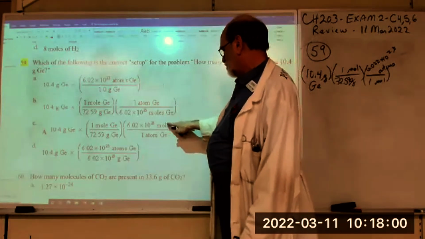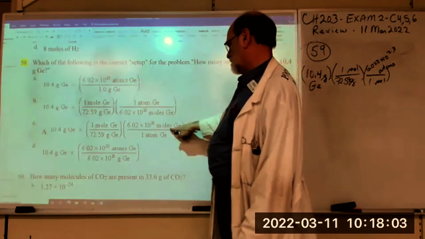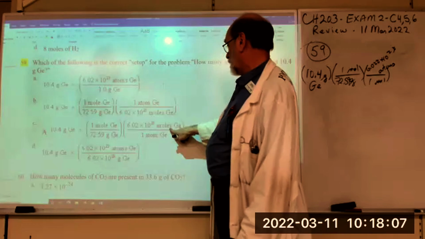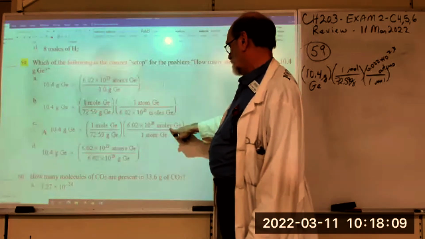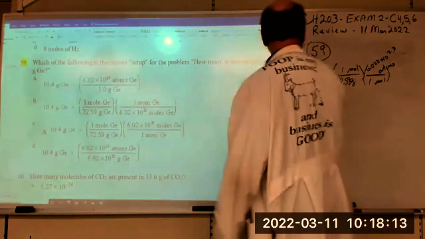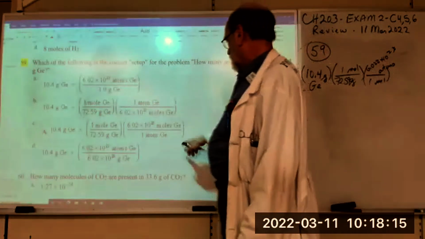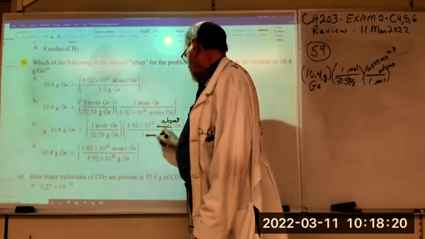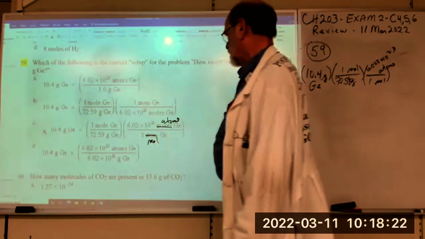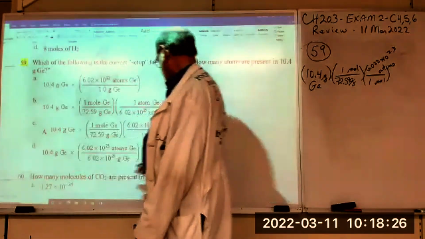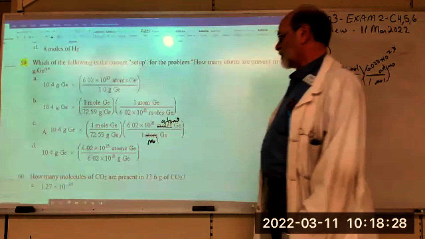Atom moles. No, that's not right. That's wrong. Yeah, it should be atoms and mole, because this cancels that mole. That gram cancels that gram, leaves you with atoms. So none of them are right.